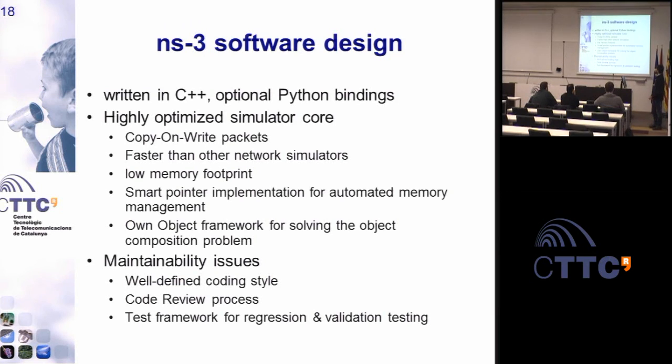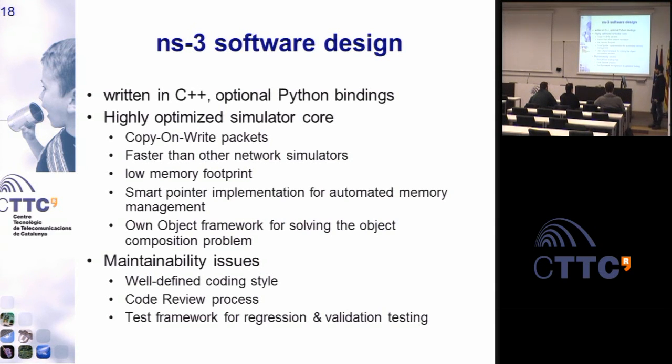There are several aims for this object framework. One of them is to solve, for example, the object composition problem, so as to allow composing arbitrary objects of different kinds, possibly in a way that was not foreseen by the original developer.